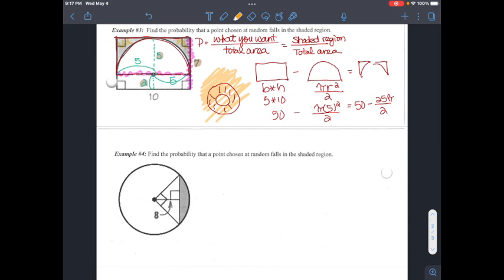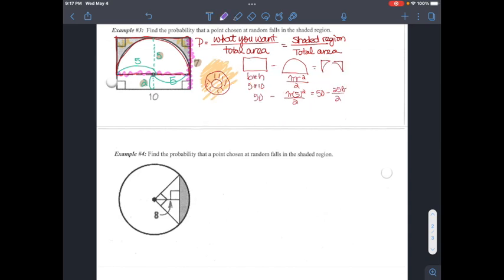Because this is just the shaded area, let me show you the total area. How do you get that? The total area is going to be equal to the big rectangle, so it's going to be 7 times 10, which is 70.